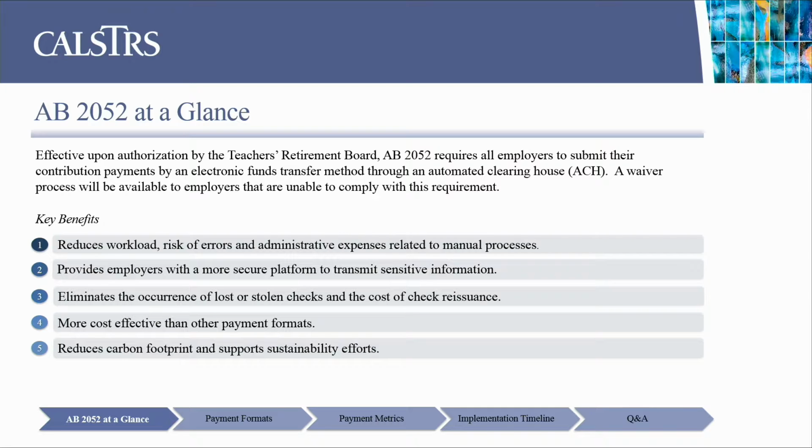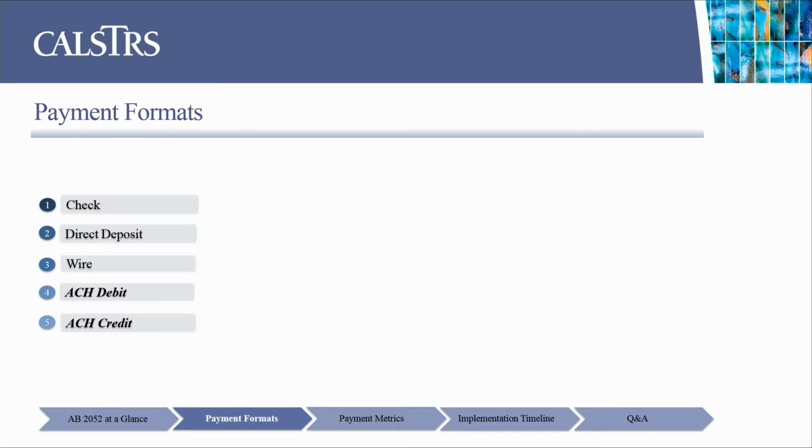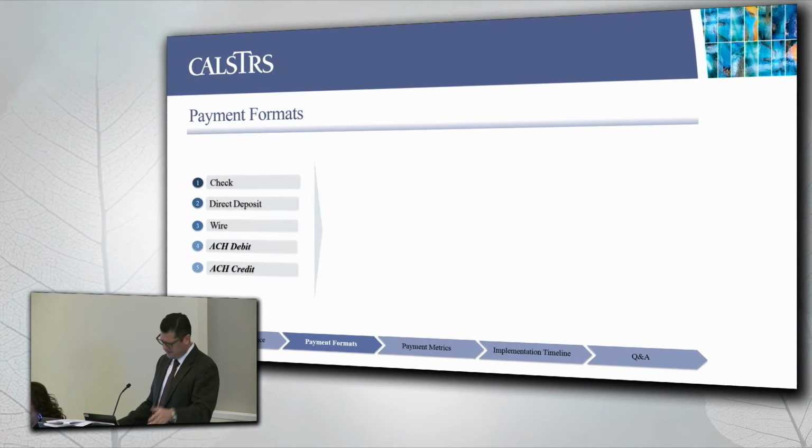I'm going to move on to the next slide here. I want to give you just a little backdrop on the various types of payment formats that we're currently taking. So we've talked a lot about check, of course. You write a check, mail it to us. There's postage, processing, handling.